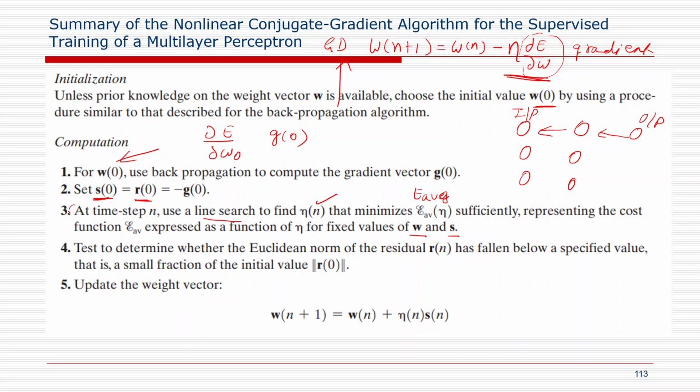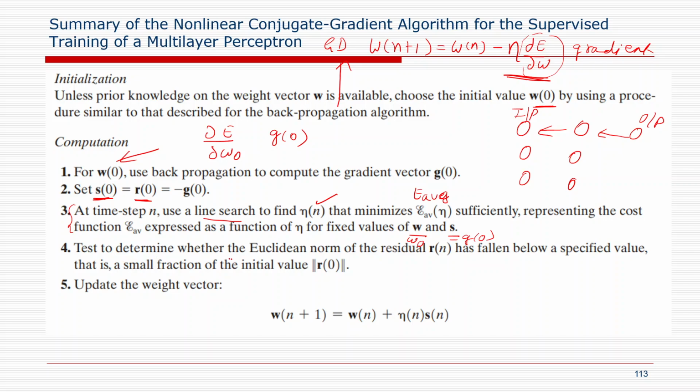That is what we are trying to understand in the third step. That is, we will try to minimize the average error function expressed in terms of eta, for a given fixed current value of w, that is W(0) which we have chosen, and the search direction was minus g(0) which we have chosen initially at the time step n.